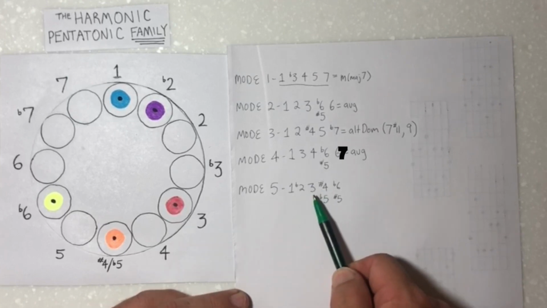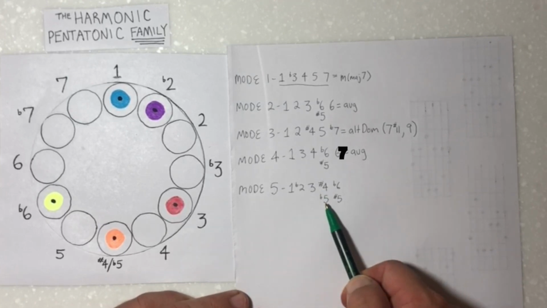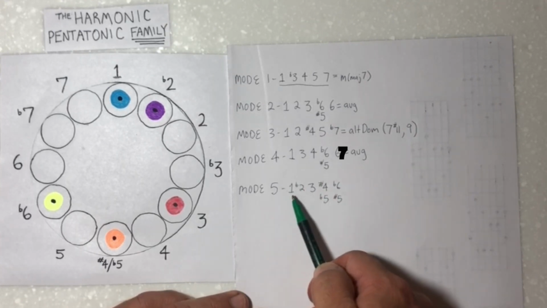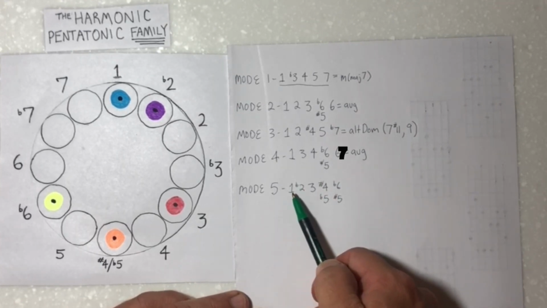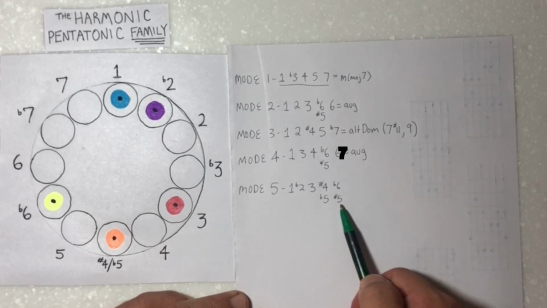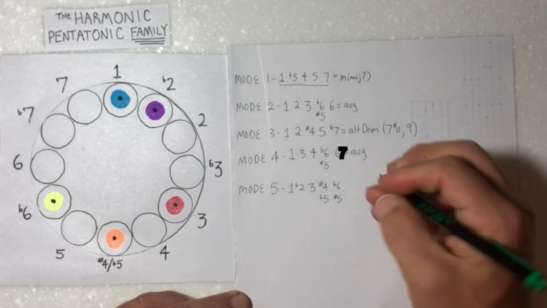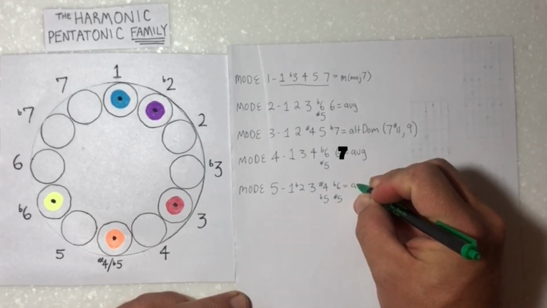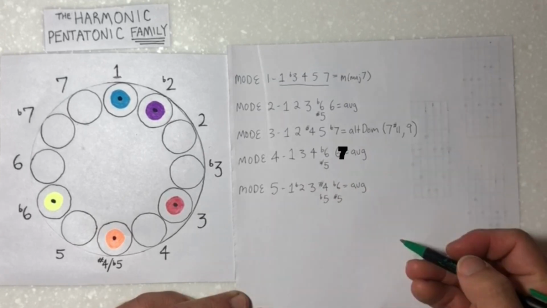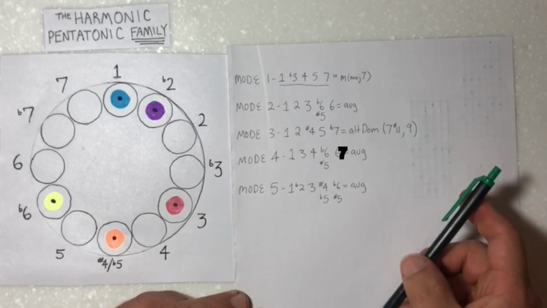Since a major third being paired with a flat 5 doesn't give me one of the 4 primary triads, those being major, minor, diminished, or augmented, I'm instead going to look at this as 1, 3, sharp 5, and I'm going to leave this as sharp 4. So we end up again with another augmented chord, this time with a flat 2 and a sharp 4.